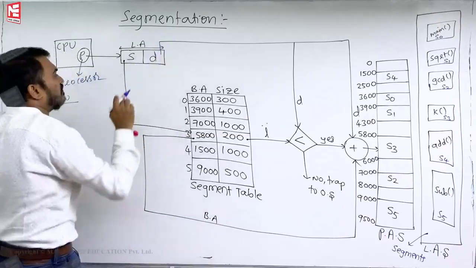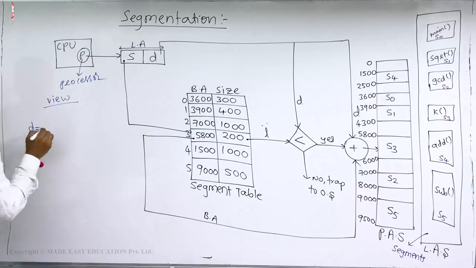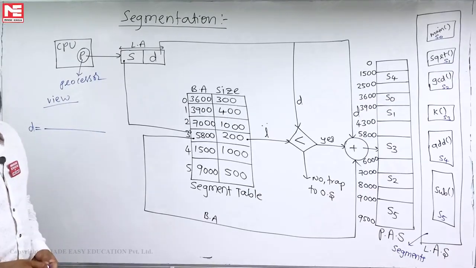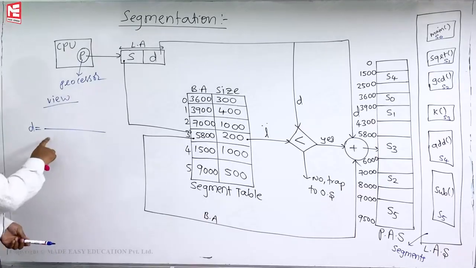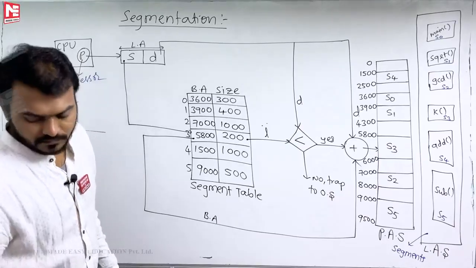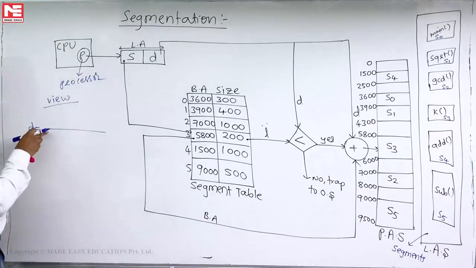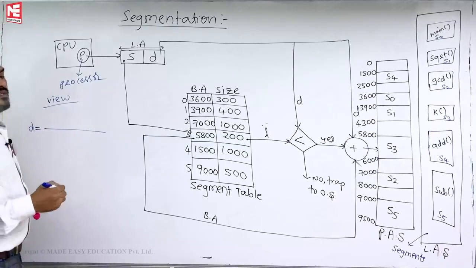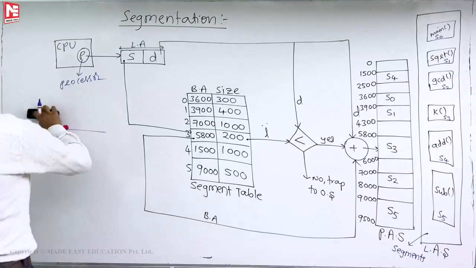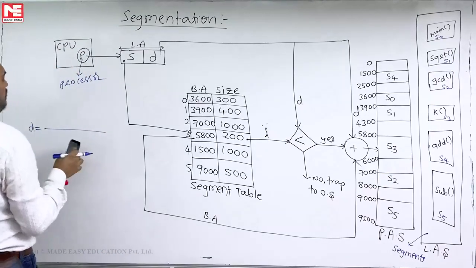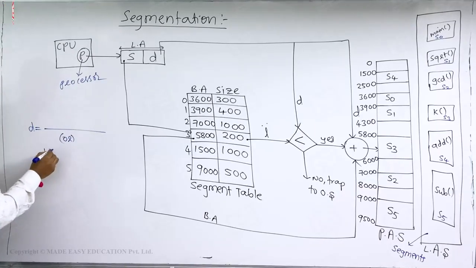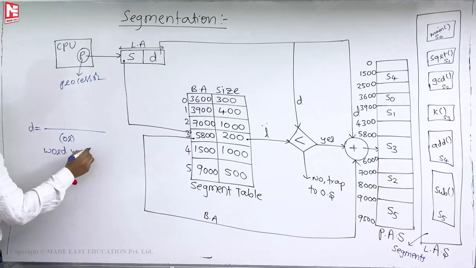Next is D. What is the meaning of D? Note down: D equals the number of bits required to represent the segment size, or the word number of the segment.